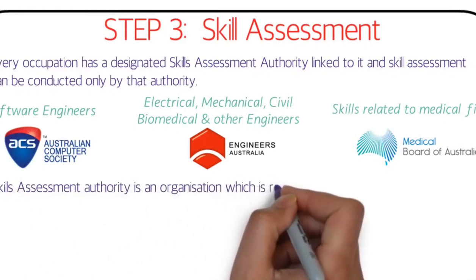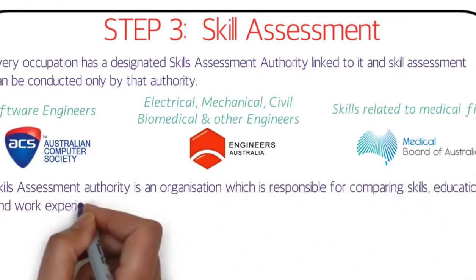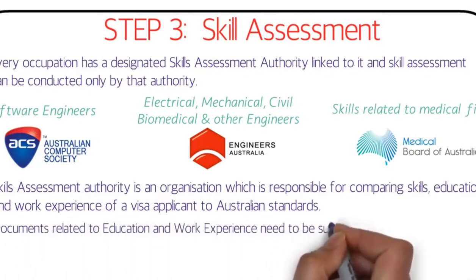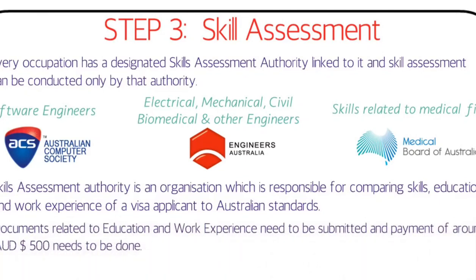So skill assessment authority is an organization which is responsible for comparing skills, education and work experience of a visa applicant to Australian standards. Documents related to education and work experience need to be submitted, and payment of around 500 Australian dollars needs to be done at this point. Now, this may vary from one organization to the other, but this is just a rough estimate of the payment.